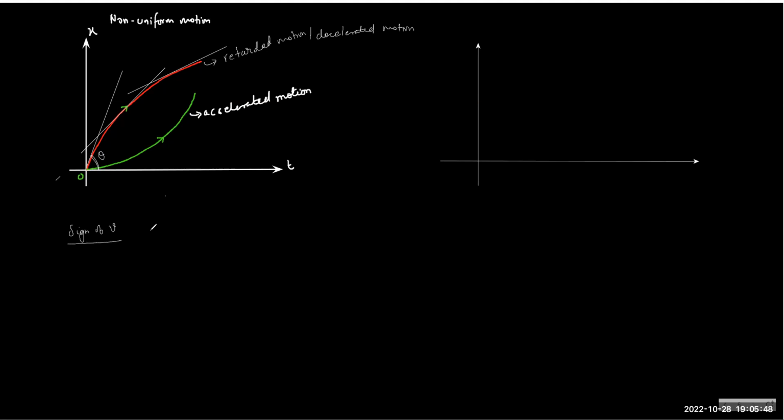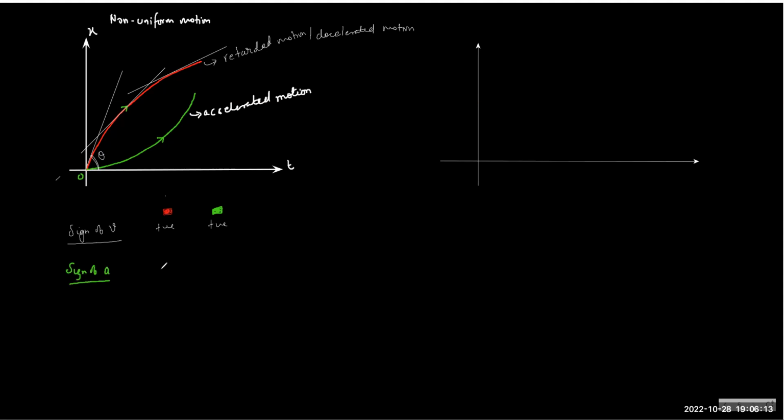The sign of velocity is positive for red as well as for green, right? It is clear. Yes.